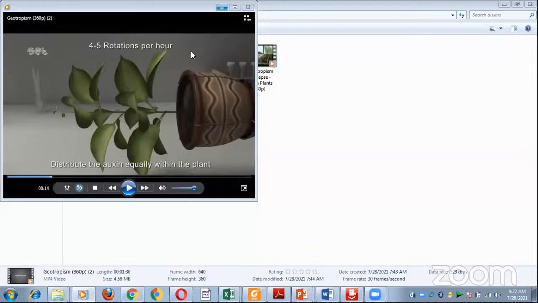Now, this experiment is for geotropism, which I'm going to explain a little bit later. So that's how a clinostat rotates the plant that is in a box.